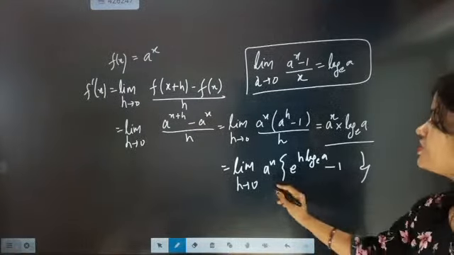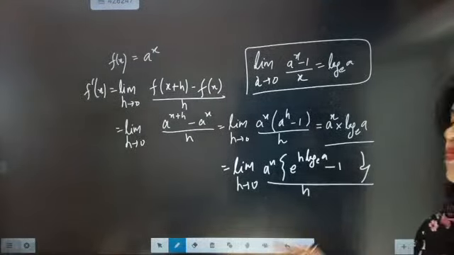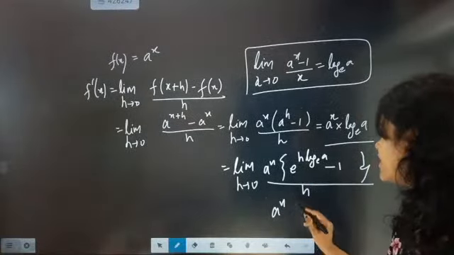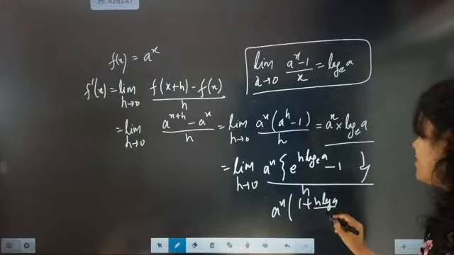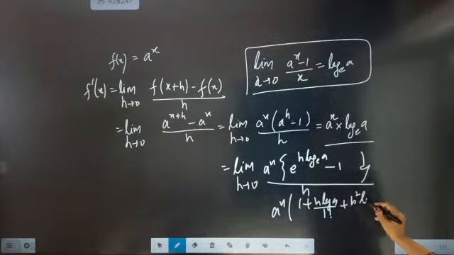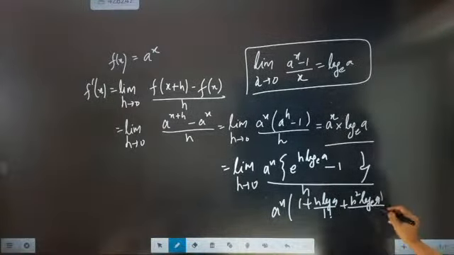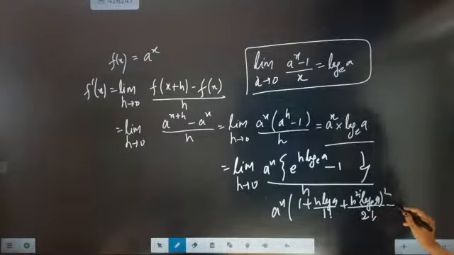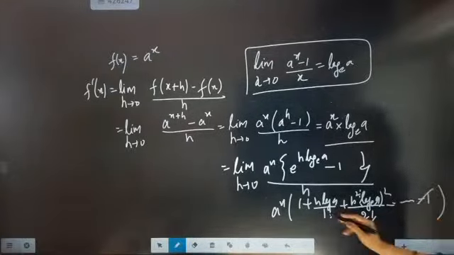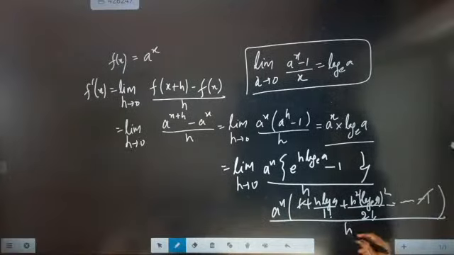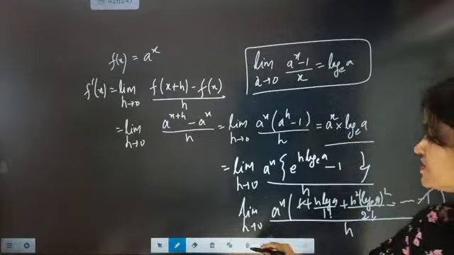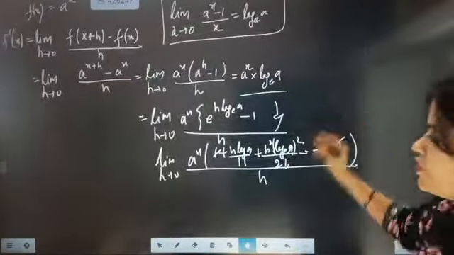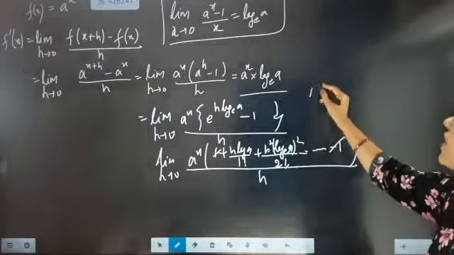So again the exponential formula we can apply, and again 1 will get cancelled. A to the power x, here it will become 1 plus h log a by 1 factorial plus h square (log e a) whole square by 2 factorial and so on, and minus 1. So plus 1 minus 1 will get cancelled, h will be there, limit h tends to 0. Now from here you just take out log a. The moment you take out log a and h, what will happen?